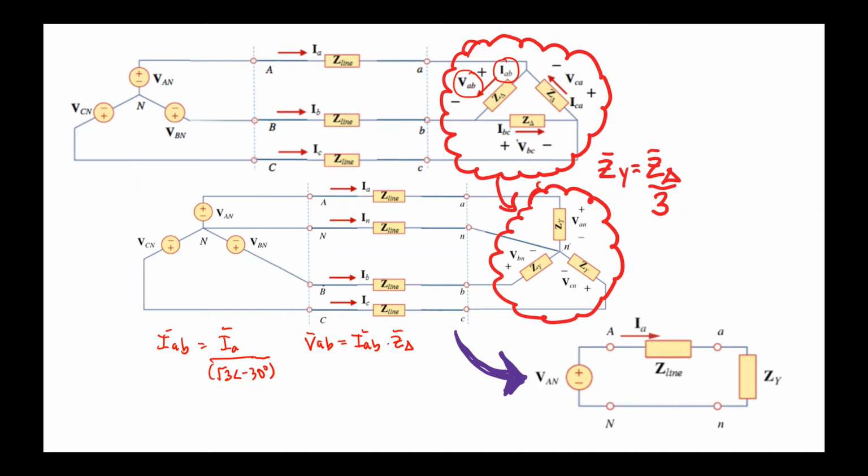Notice that I use Z delta in this formulation because that is the impedance that IAB actually flows through. And that solves Ohm's law for VAB. To obtain anything that's not in the A phase, for example, IB, all you need to do is use the phase sequence information. That means you shift the values obtained for the A phase by plus or minus 120 degrees.